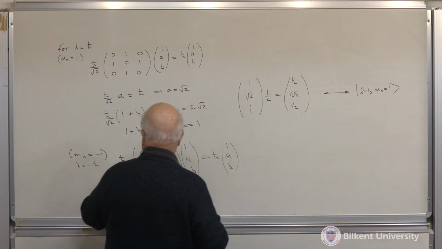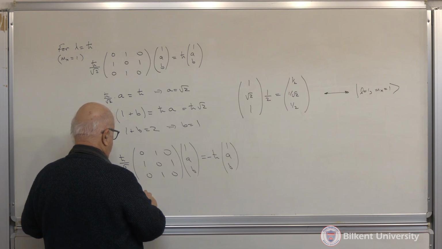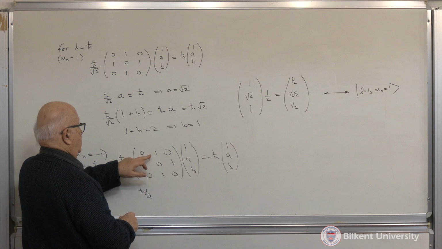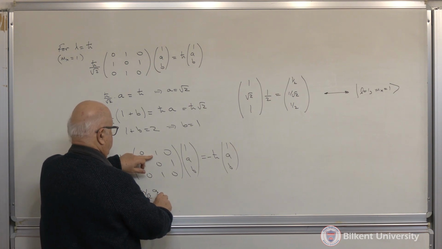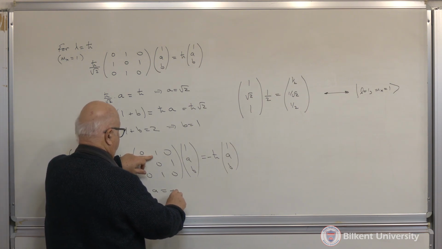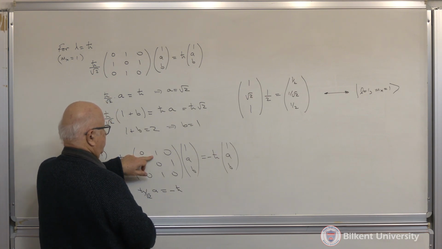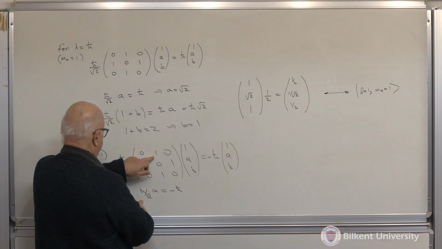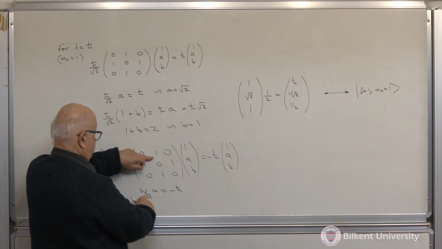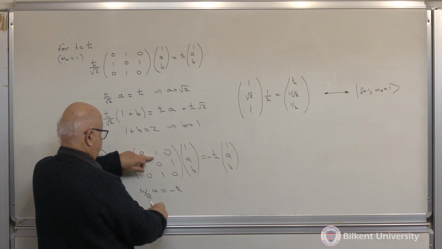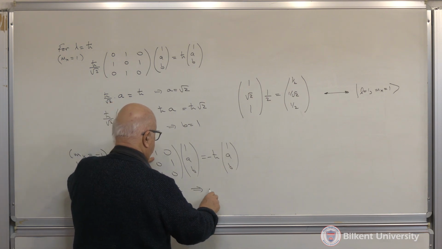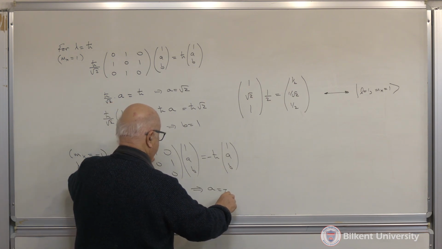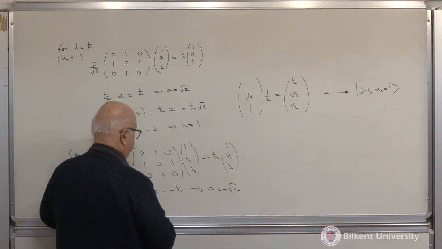The first line again gives me h bar over square root of 2 times A is equal to minus h bar. So canceling h bars, A is equal to minus the square root of 2.